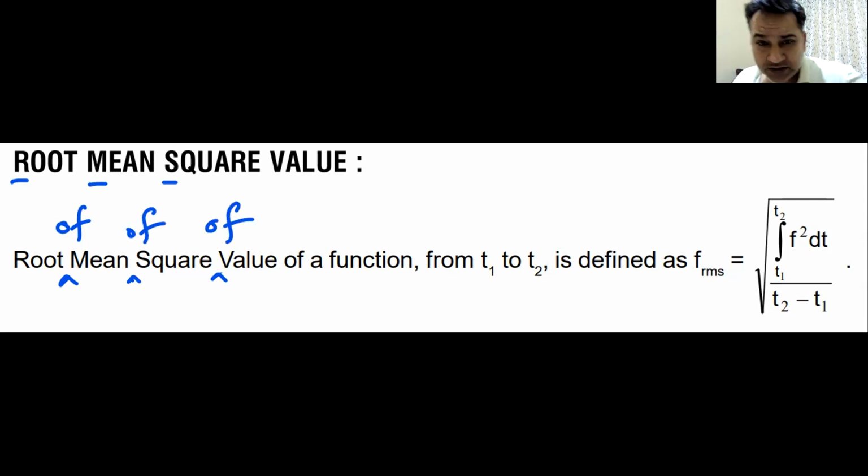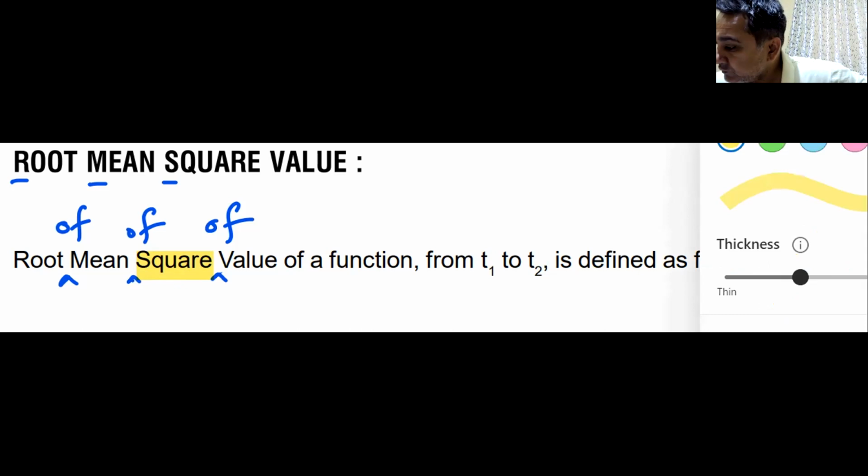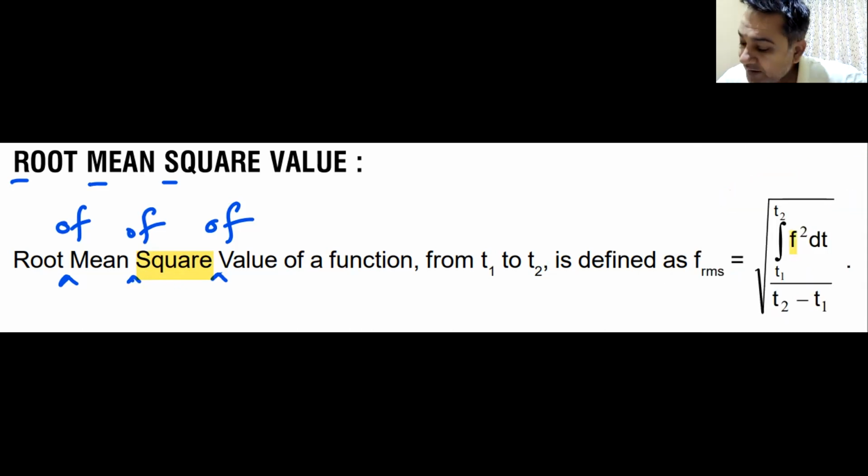First, what I do is I square the function. You can see the square here, yes or no? Yes, sir. Then the next thing I do, in blue, I find the mean. By mean I mean the average. Do we understand this? Then this formula that you see here is the mean, the blue one.